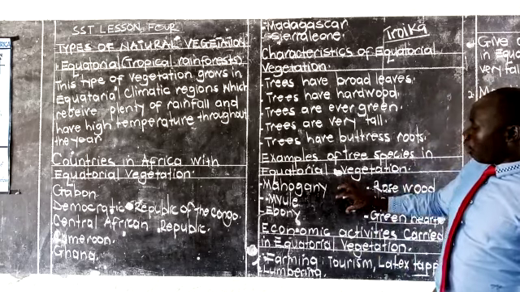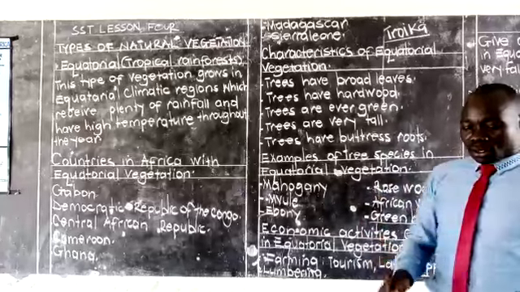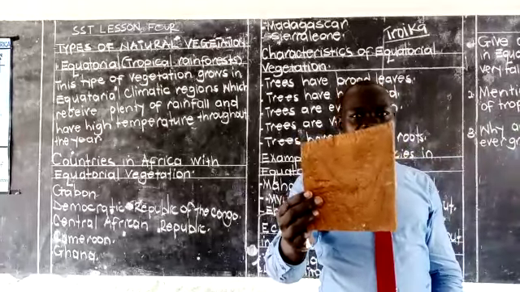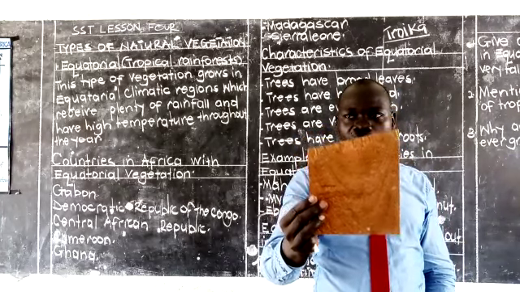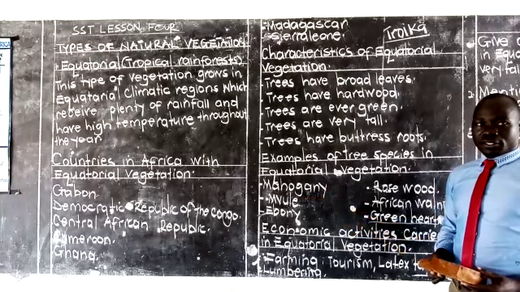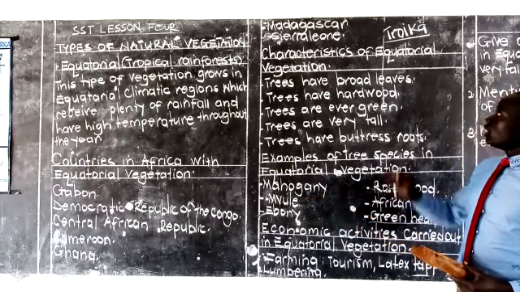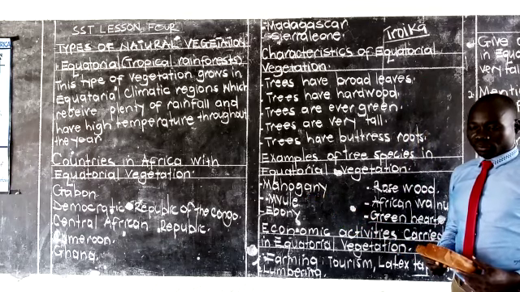So the type of wood obtained from these tree species is called hardwood, which I'm showing for you. We obtain hardwood from the above mentioned tree species, which are found in a tropical rainforest or equatorial vegetation.